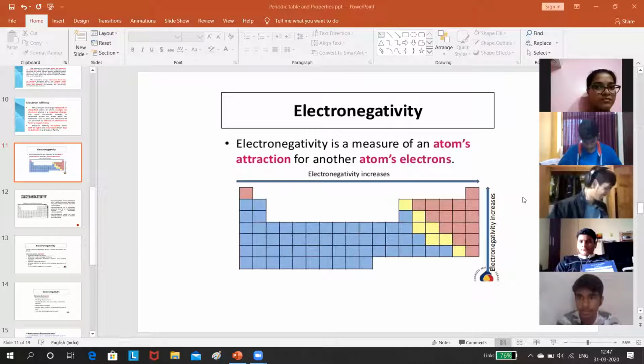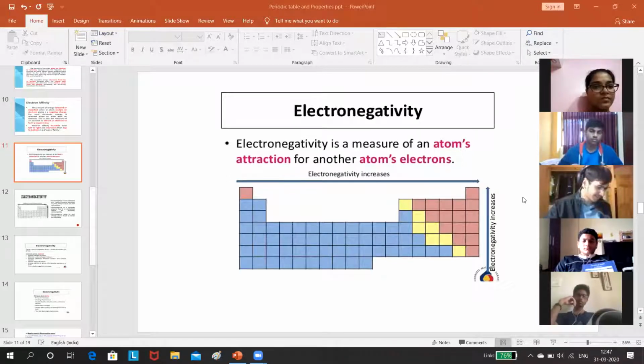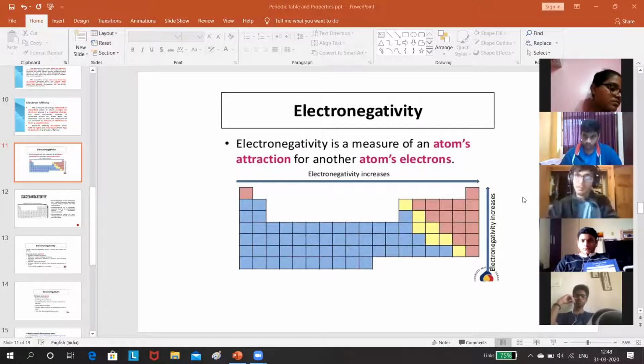Are you able to follow? That shared electron pair, chlorine will attract towards itself. In HCl, the shared electron pair between hydrogen and chlorine will be attracted by chlorine.